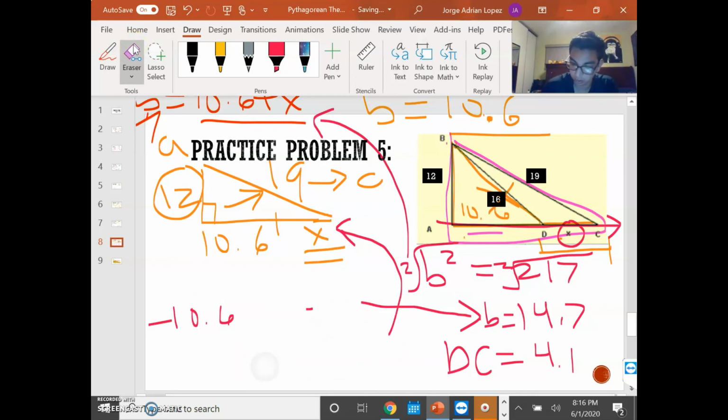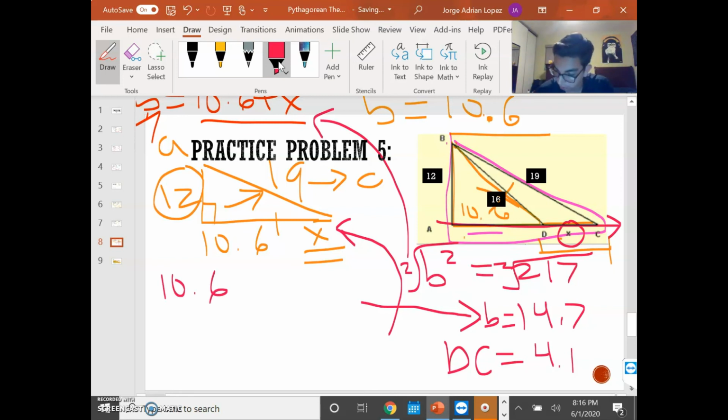Well, let's do that right now. So if A to D is 10.6, and D to C is 4.1, what's going to be our A to C? It's going to be 14.7.